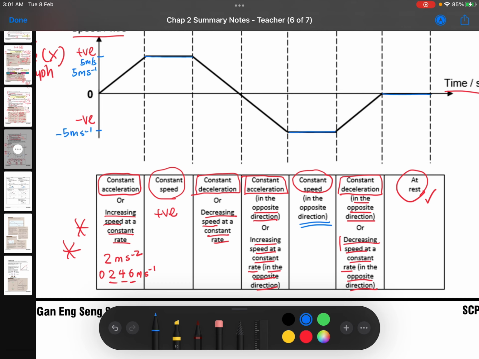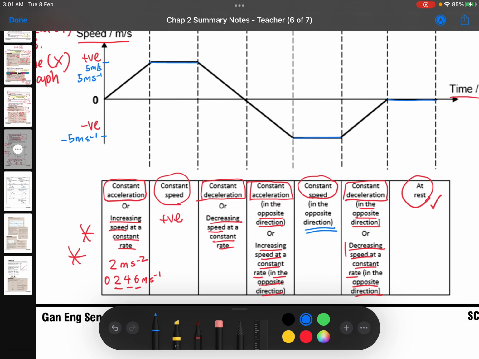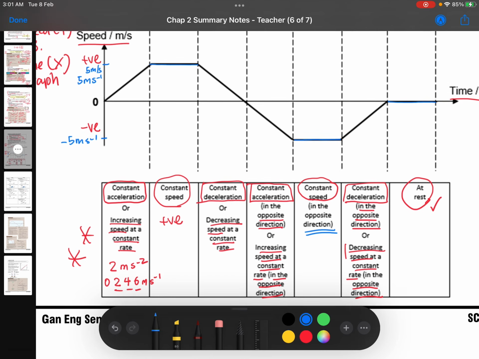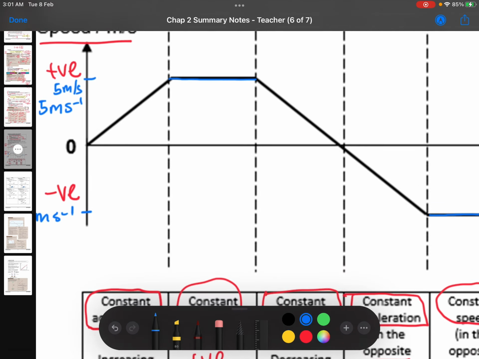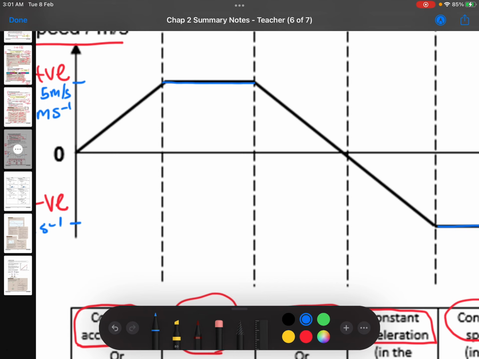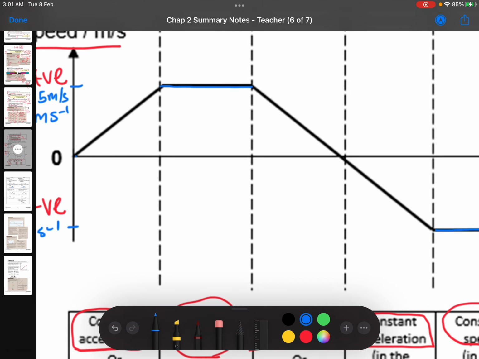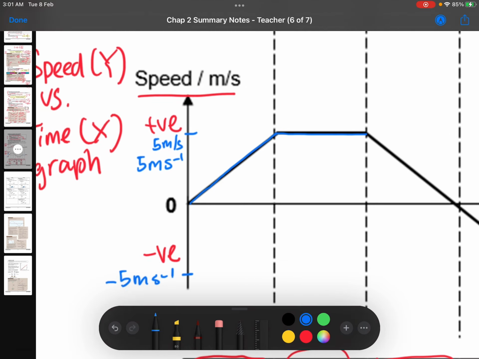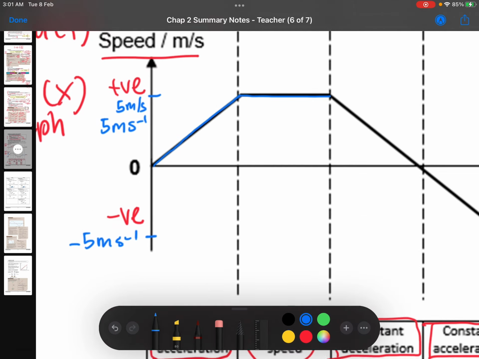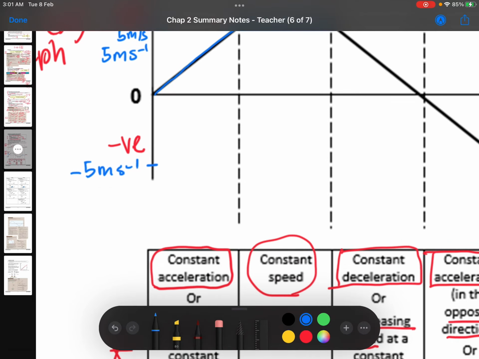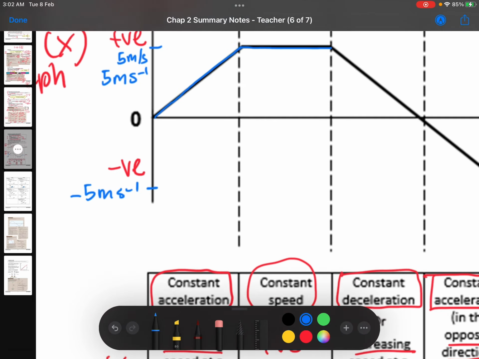Okay, I'll change the color of my pen. Now, if you have constant acceleration, your speed is increasing at a constant rate. So now let's draw. This is a speed time graph, right? You find that in this speed time graph, you may start from 0, but your speed steadily increases at a constant rate.